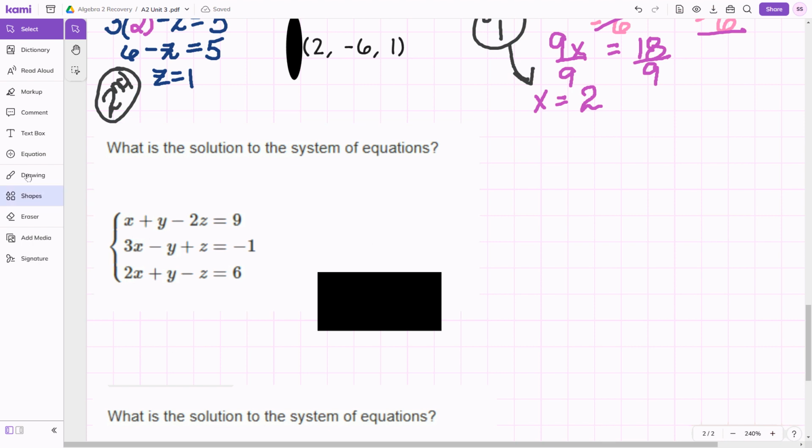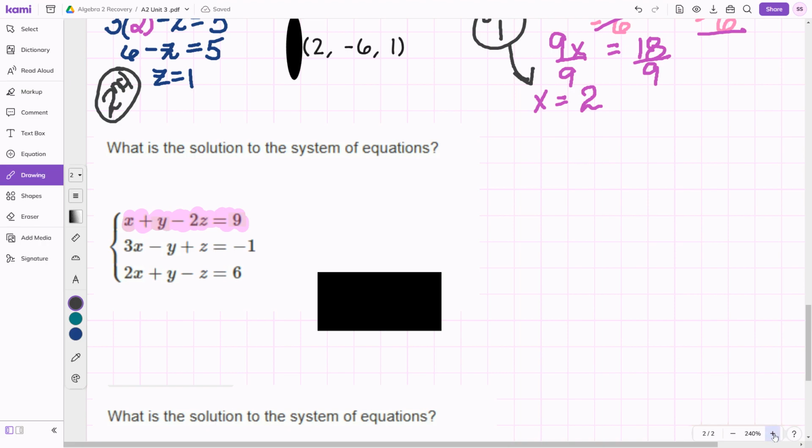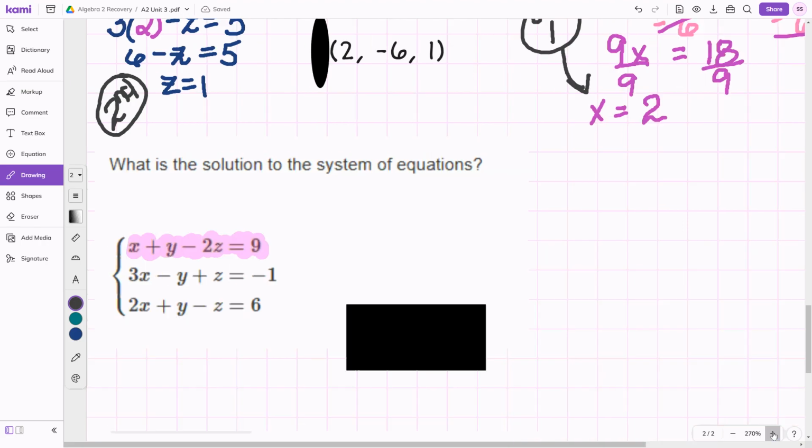All right, so let me show you what I'm going to do. Highlight this first one. And I'm going to solve it. I'm going to zoom in a bunch more. Okay.